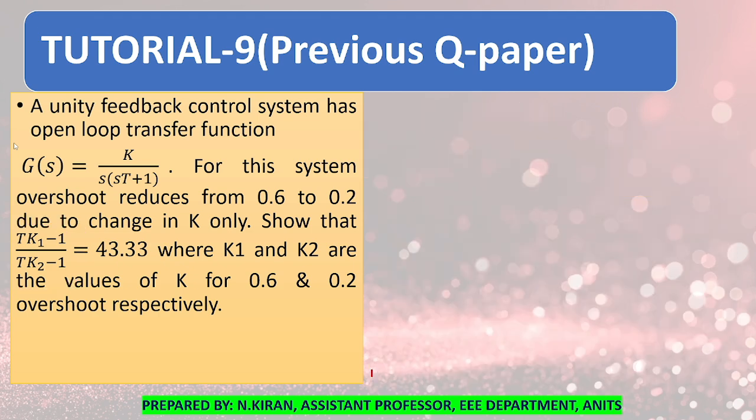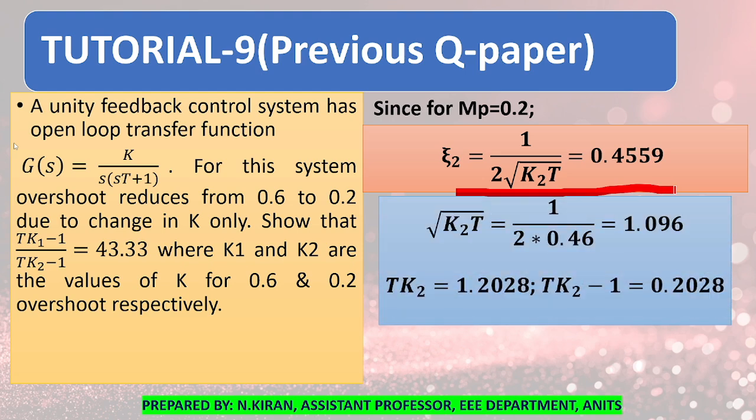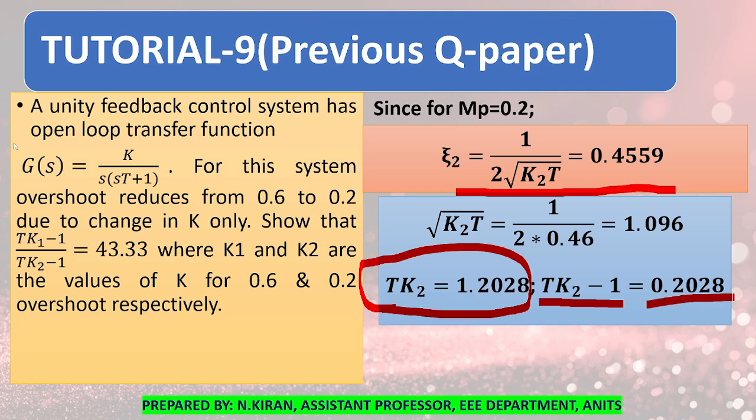Similarly, for the second case, when Mp is 0.2, zeta 2 is 1 by 2 into root over k2 into t, which we have obtained as 0.4559. On cross multiplying and squaring both sides, that gives the value of tk2 as 1.2028. Since I need tk2 minus 1, that gives me 0.2028.